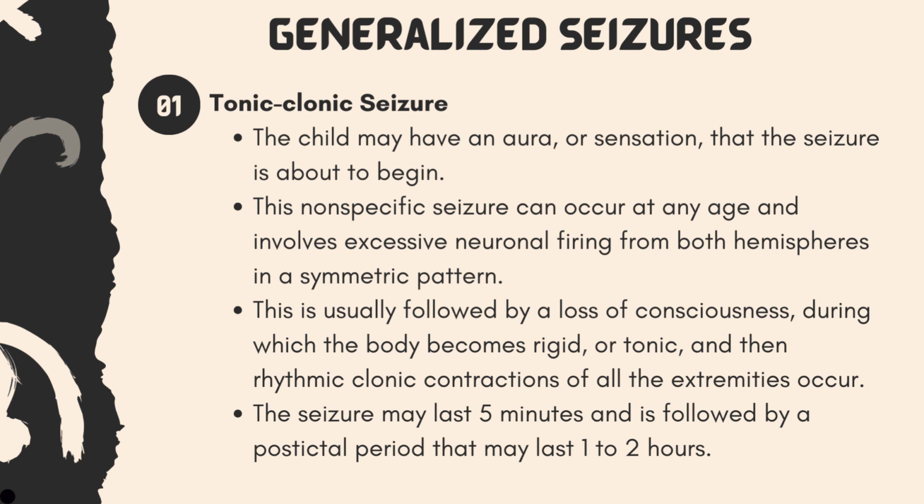This is usually followed by a loss of consciousness, during which the body becomes rigid, or tonic, and then rhythmic clonic contraction of all the extremities occurs. The seizure may last for 5 minutes and is followed by a postictal period that may last for 1 to 2 hours.